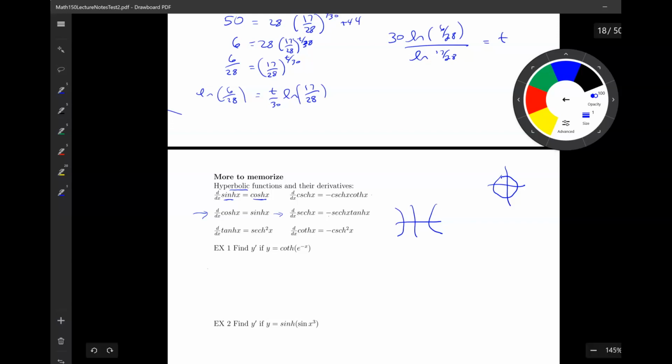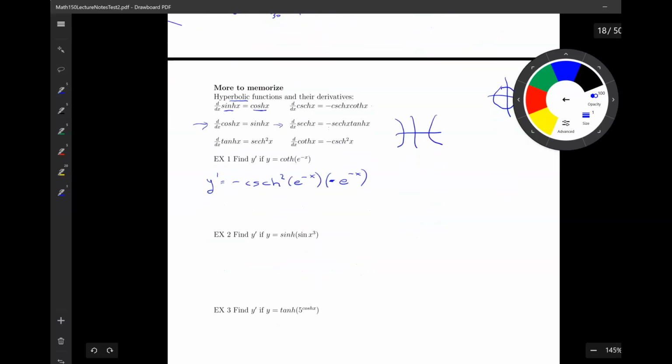If I want to take the derivative of this, I'd say that's negative hyperbolic cosecant squared, carry the angle along, and then take the derivative of the angle, which you know is e to the stuff times the derivative of stuff. The extra negative there. All right. The derivative of sinh is cosh, carry the inside function along, then take the derivative of sine, which is cosine, carry the inside function along.